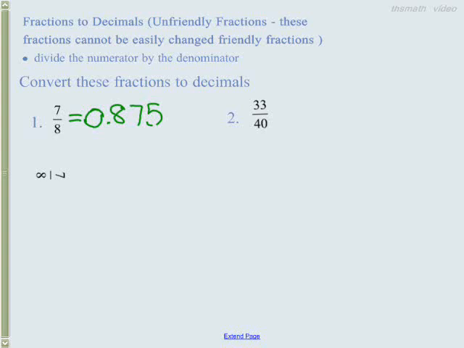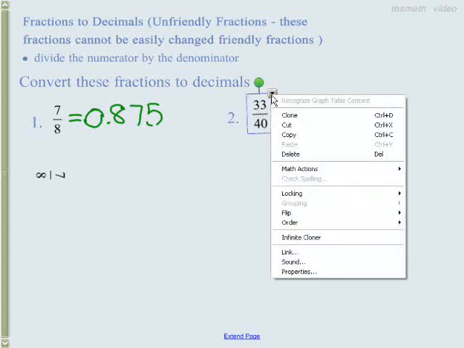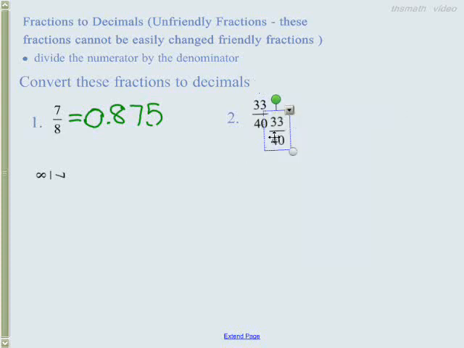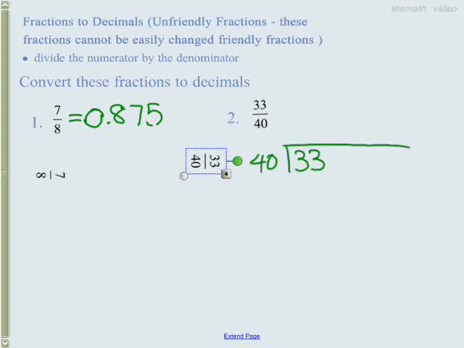And this next example, again, trying to think how to set up this fraction. I want to turn it clockwise to the side, and I can see I want 33 as my dividend and 40 as my divisor. 33 divided by 40. 40 doesn't go into 33, so I'm going to add a 0. Bring up my decimal. 40 goes into 330 8 times. 8 times 40 is 320. 330 minus 320 is 10.